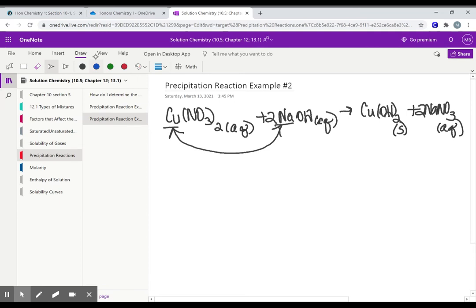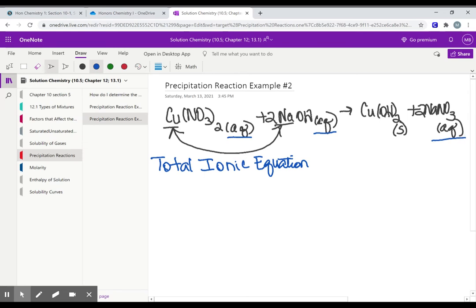All right, the next part of this, we're going to write our total ionic equation. So remember, when we're writing a total ionic equation, everything that is aqueous in your balanced chemical equation is going to dissociate.